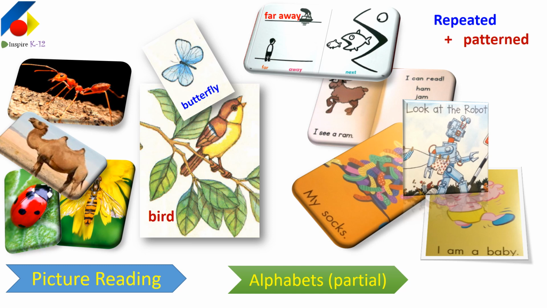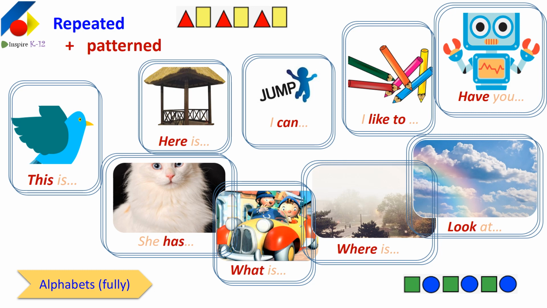There's a bird and there's a butterfly, and then we start with more words like my socks, I am a baby. So this repeated pattern goes from simple pictures to one word to two words, and we keep increasing the text gradually. It's a repeated and patterned journey.